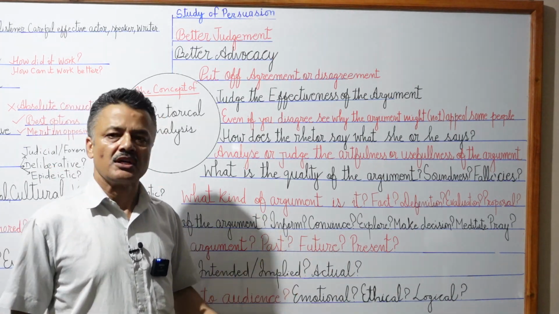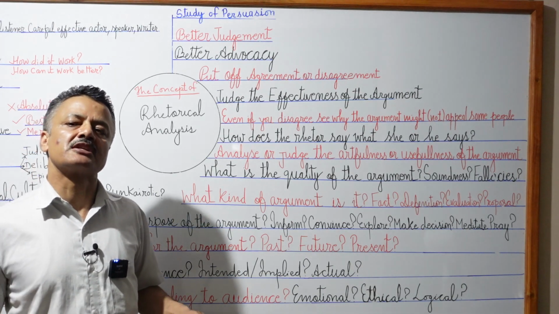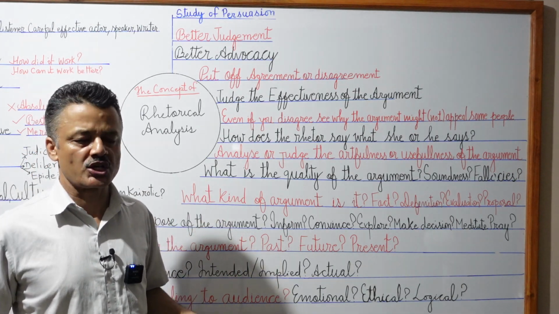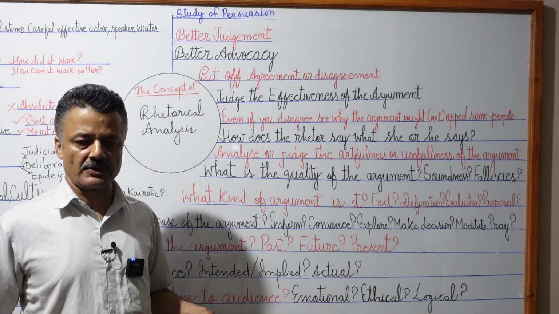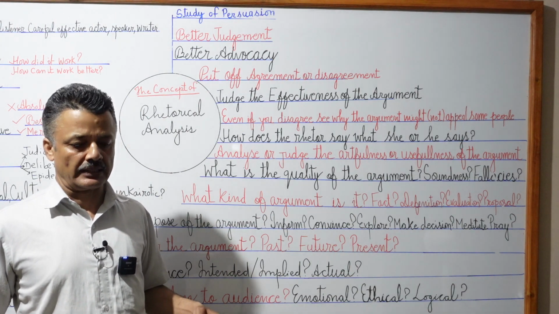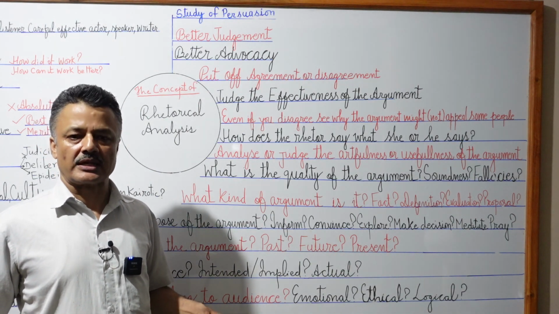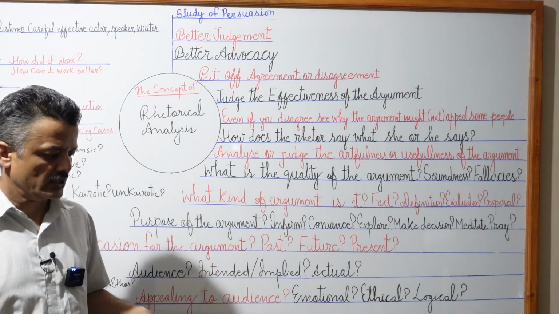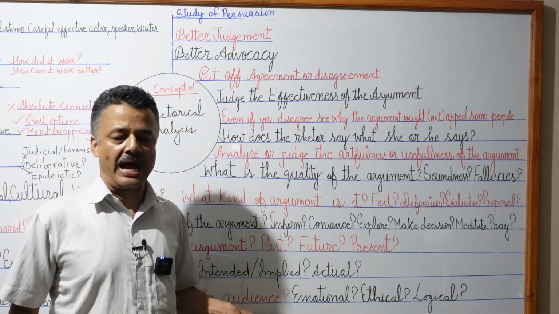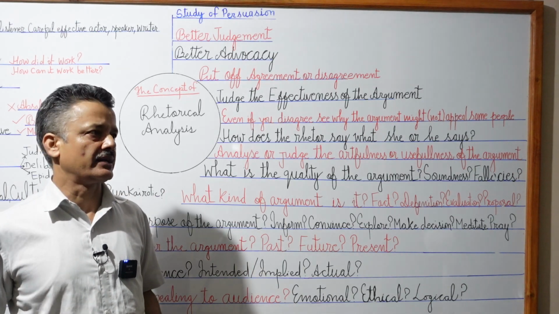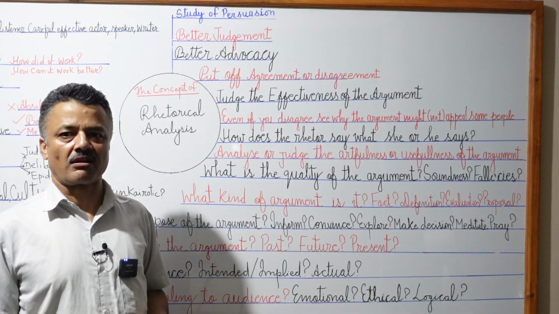Or suppose somebody is writing an argument about abortion, and the question is whether abortion should be legalized or not. And then they argue that abortion should be banned. Abortion should be banned because it kills life.